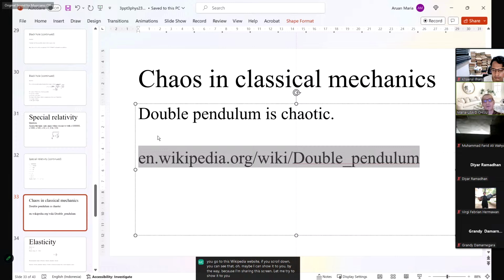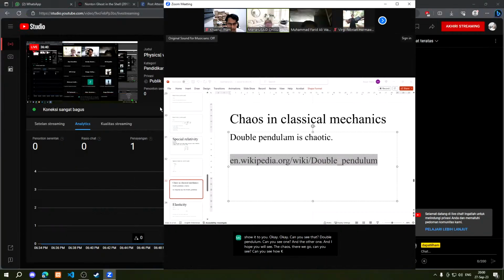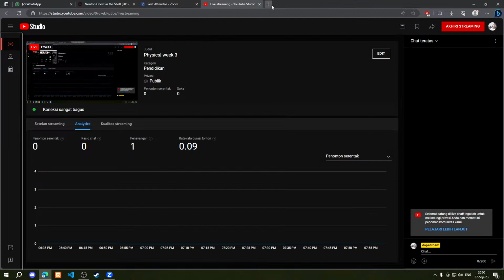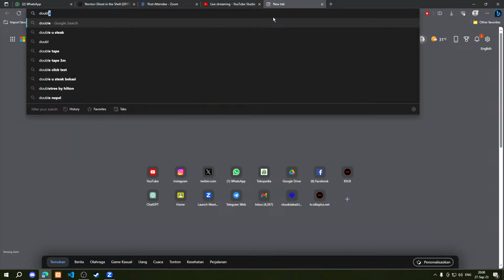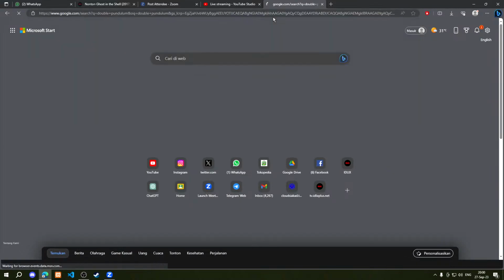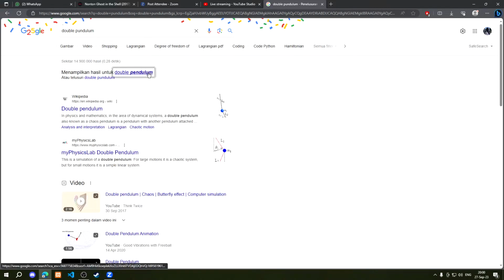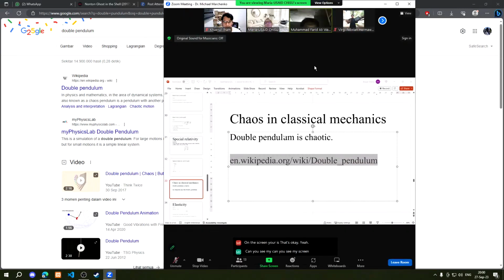Can you see that? Double pendulum. Can you see one and the other one? I hope you will see the chaos. Can you see how chaotic the motion is? No, sir. In the screen, yours is PPT, sir, not Wikipedia.